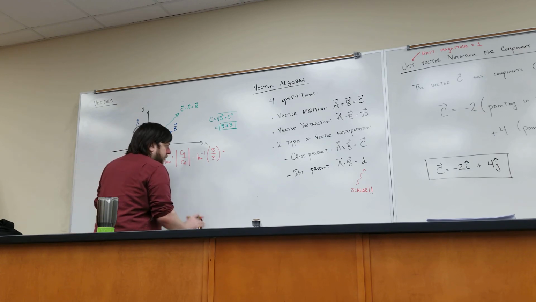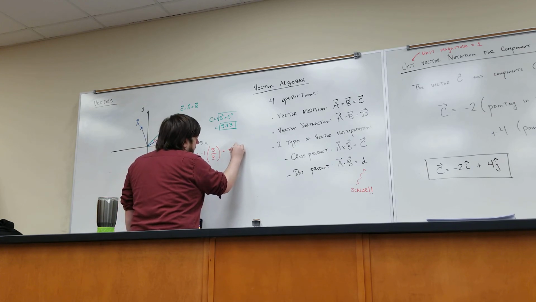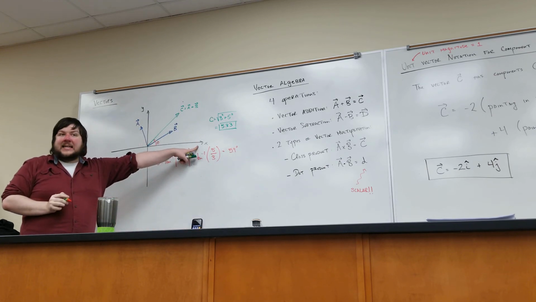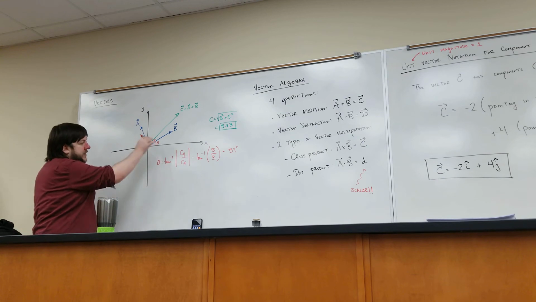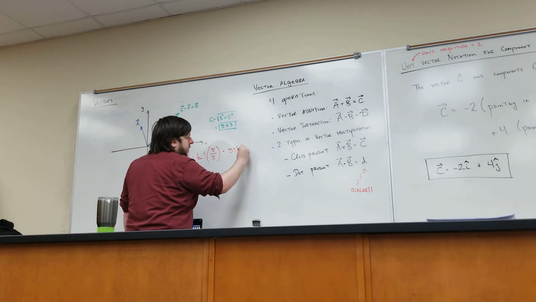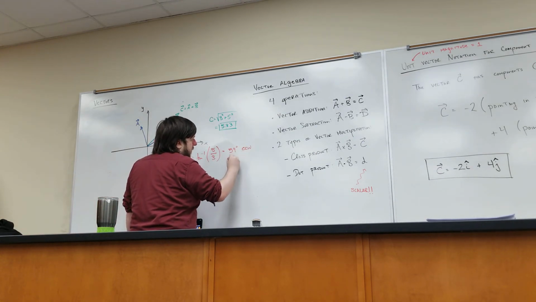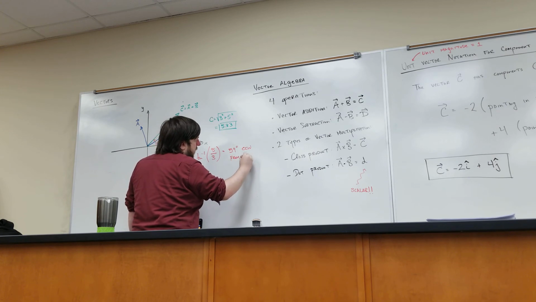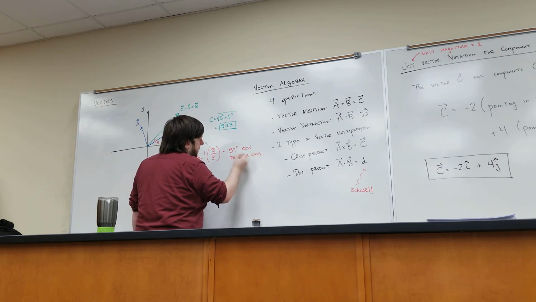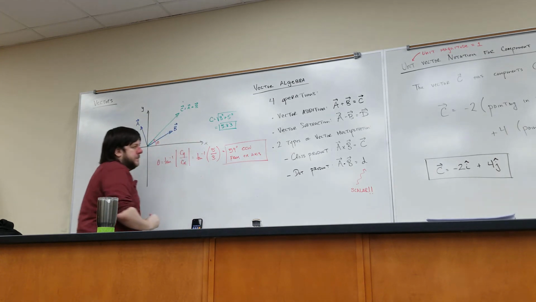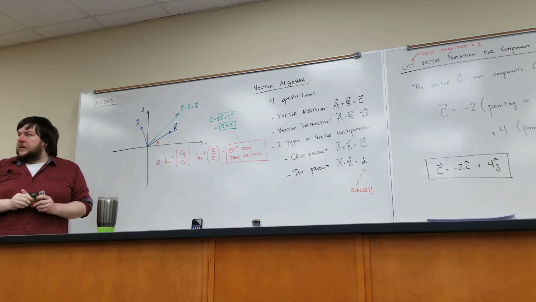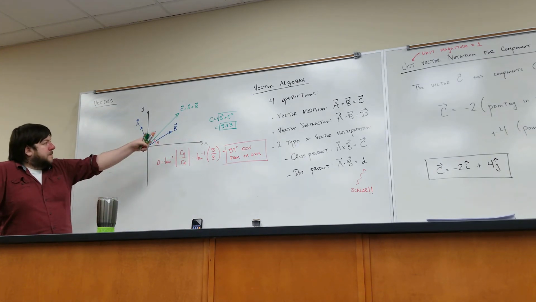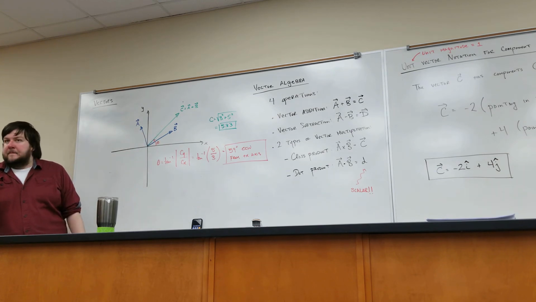That's 59 degrees. We measured it from the x-axis, and the angle points counterclockwise. That's the direction, right? That's how you would find the direction and the magnitude of C.